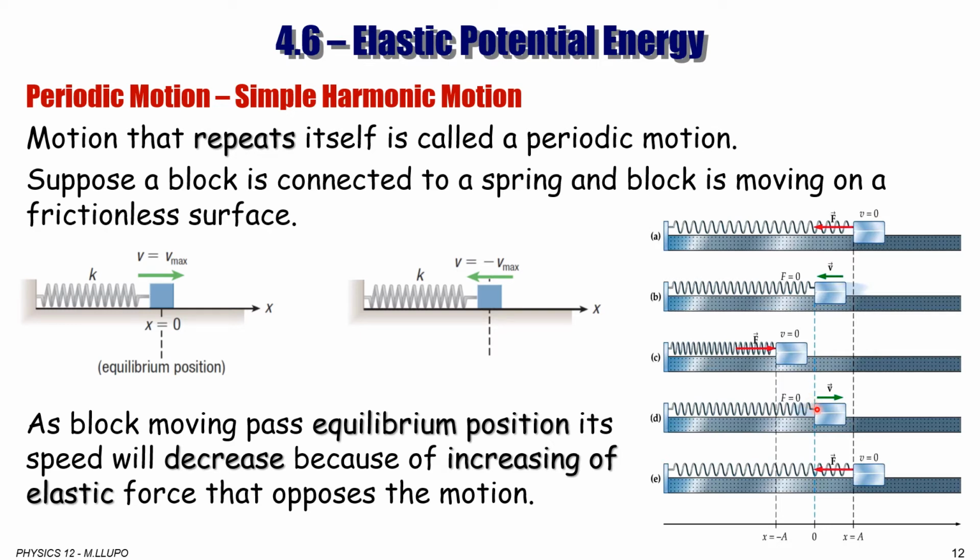When it reaches the rest position, it continues to move because of inertia, because the elastic energy is turned into kinetic energy, and that is energy transformation. When it reaches the maximum stretch, the elastic force pulls again toward the rest position as it did before. If you see, it's a cycle, and this cycle continues. So this motion will repeat itself, and that's why it's called periodic motion.